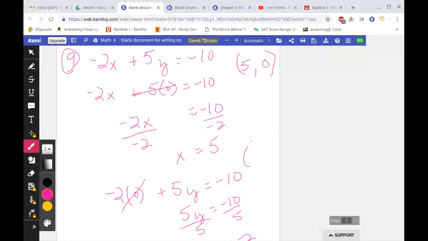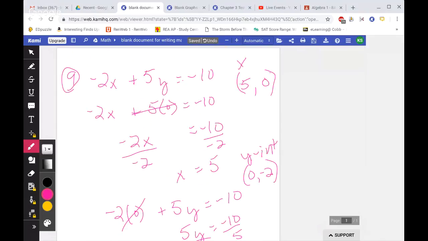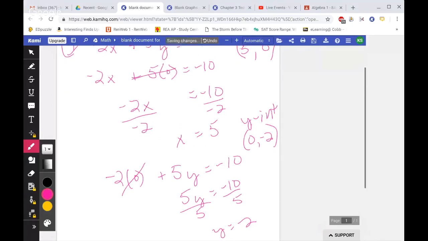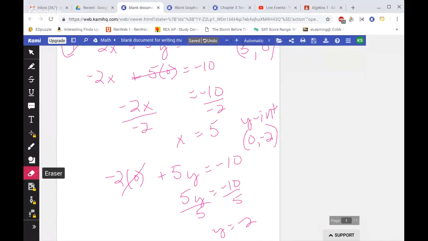So my y-intercept is 0, -2. So number 10.